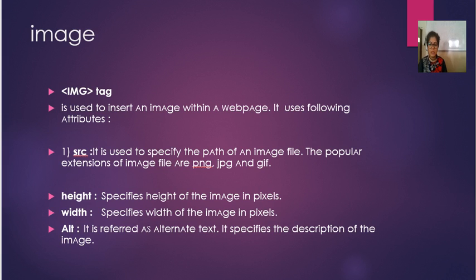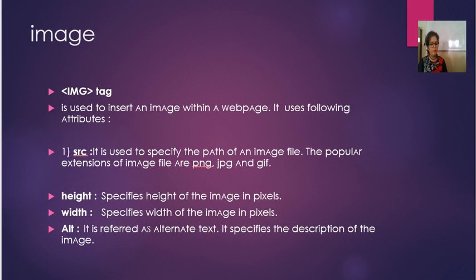So I hope it is clear to you students what the image tag is and why we use the image tag. The image tag is used to insert an image on a web page. Whenever we have to apply an image we must use source. This is very important. We cannot apply an image without using the source attribute. So you have to write src because it is used to specify the path of an image.